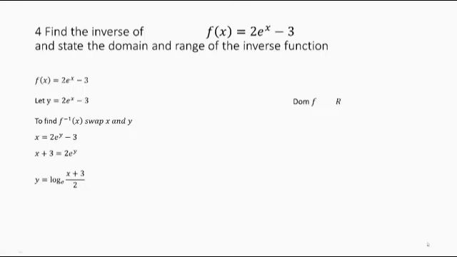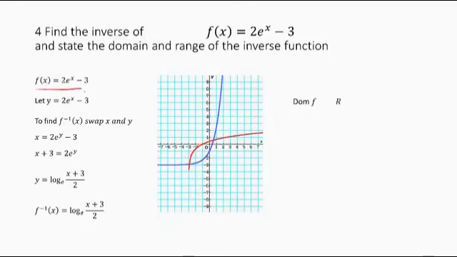Now here's our graph. The blue graph is the first graph, and the red graph is this graph. So let's consider the domain and the range.